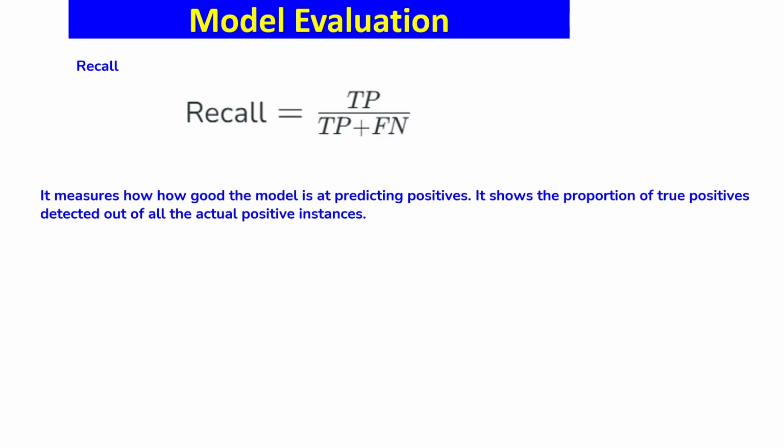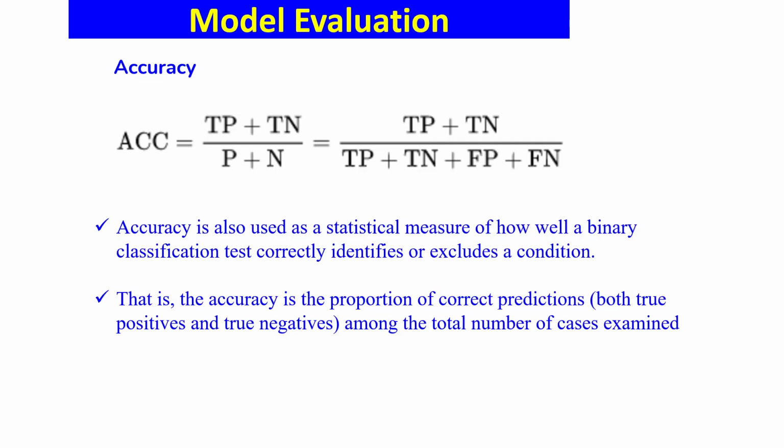Okay. Now, we also need to consider recall, because it is a measure of how good a model is at predicting the positives. The other two did not do that. So, it shows the proportion of true positives detected out of the total actual positive instances. Remember, this is defined as true positive divided by true positive plus false negative. So, if I go back a little bit, accuracy talks about the proportion of correct predictions from the total predictions.